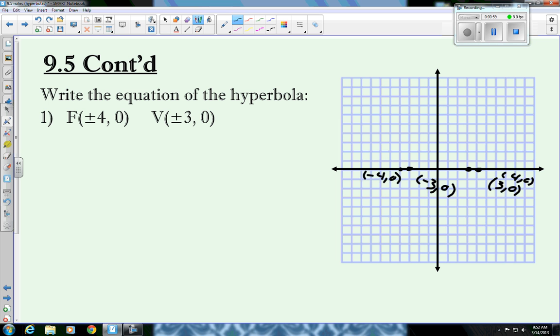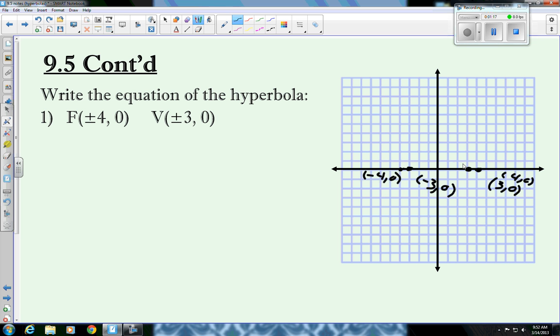Then, which direction is this hyperbola going to be opening? Definitely left and right, because the focus has got to be inside the hyperbola.